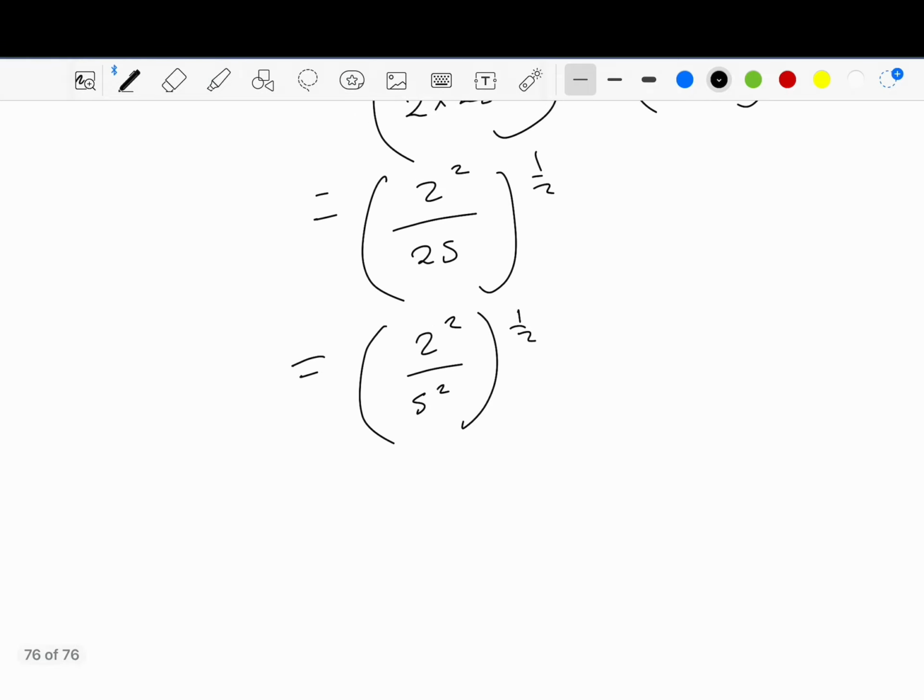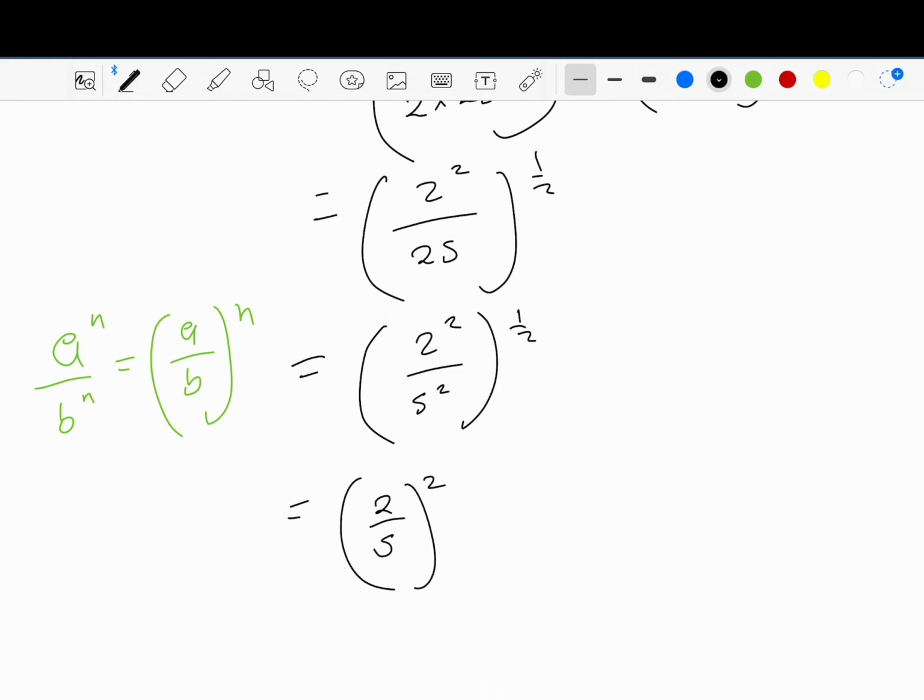And so now we've got this situation here. Again, we know there's a rule that says if you have a power n and b power n, this can be written as a over b power n. Right? So that's what you're going to be applying here. So this can be written as 2 over 5 power 2.